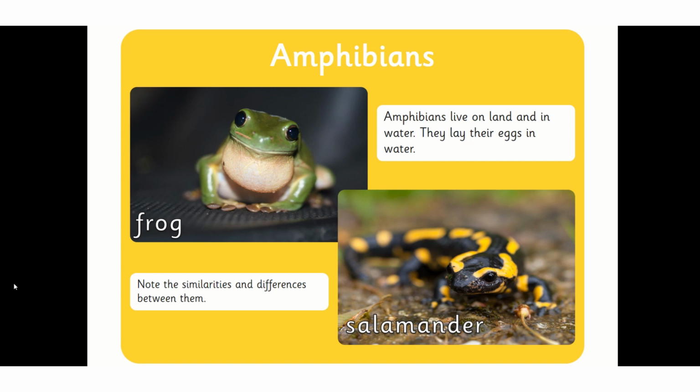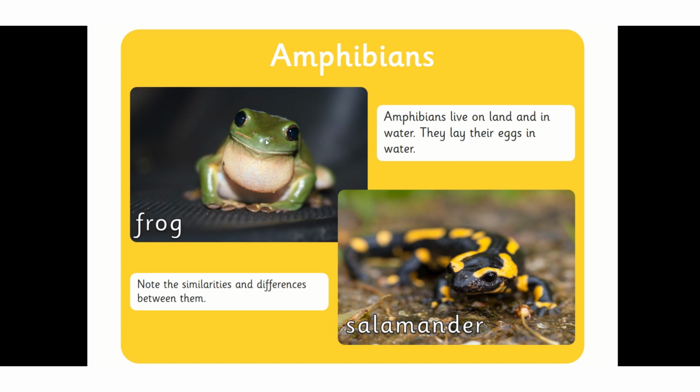The other animal on the screen at the moment is a salamander. It's a bit like a frog because it's an amphibian. It lays its eggs in water. It lives on land and in water, so it breathes the same way that the frog breathes. It's a bit different. Obviously, it's a different colour.